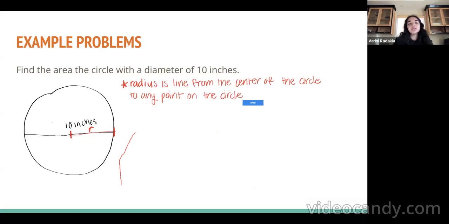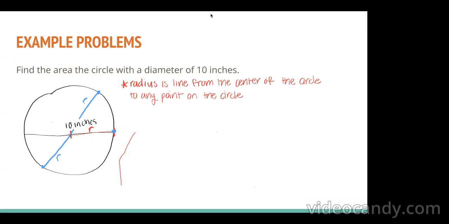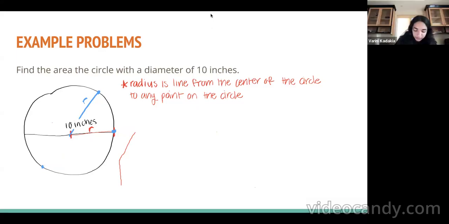So what this means is that if, instead of going here, you go here and you connect a line, this line will also have length r. If you go here and to here, and you connect a line, this line will also be length r. Does that make sense what a radius is? Yes? Okay.